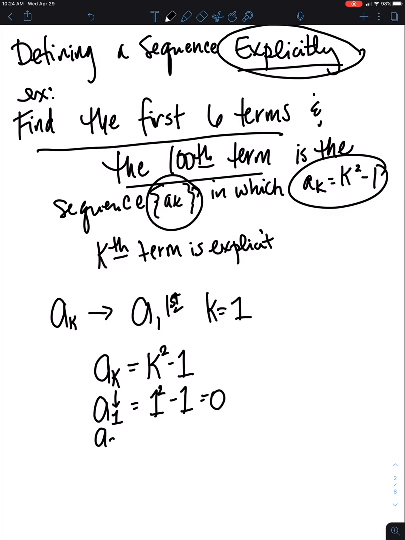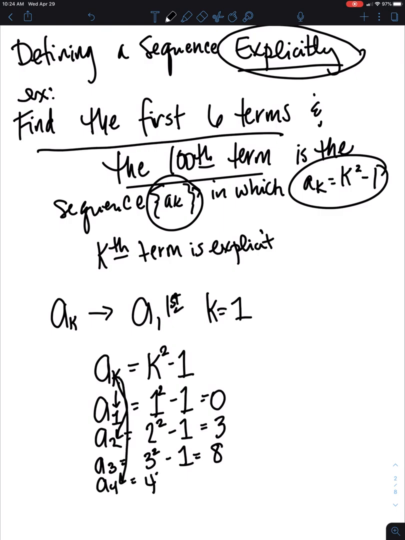Then a2, k is 2, so 2 squared minus 1, so that's 4 minus 1, which is 3. a3 is 3 squared minus 1, so that would be 8. a4, k is 4, so 4 squared minus 1 is 15. a5, 5 squared minus 1 equals 25 minus 1, so 24.